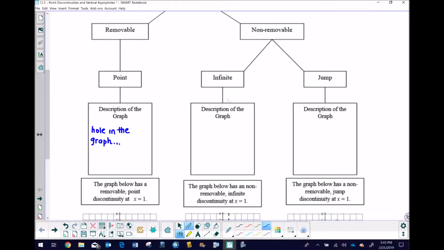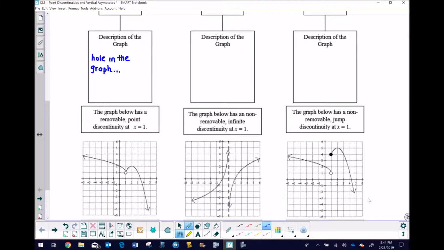Let's move over to the non-removable discontinuities, and talk about the jump discontinuity first. It's the one that we've already talked about in class, and I think it's very characterized by what you see in the graph below. The graph has this complete break, or we could call it a jump.